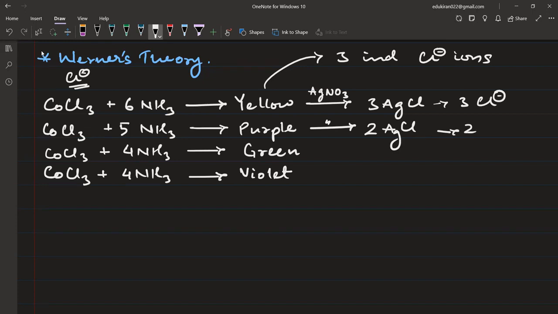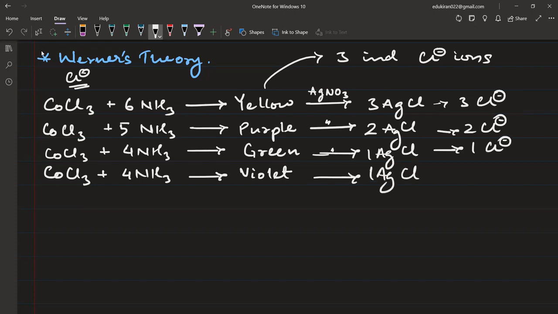Here we have 2 Cl negative. In the green color, he used to get 1 AgCl. That means there is 1 chloride ion which is independent. And here also 1 AgCl, that means it is one chloride that is independent. Now, he said that, okay, fine.